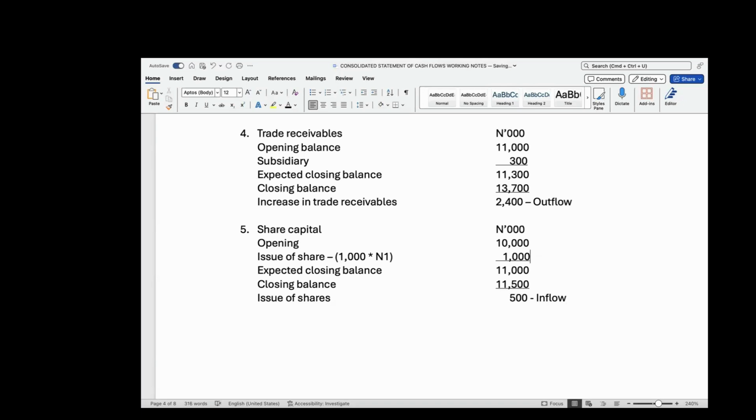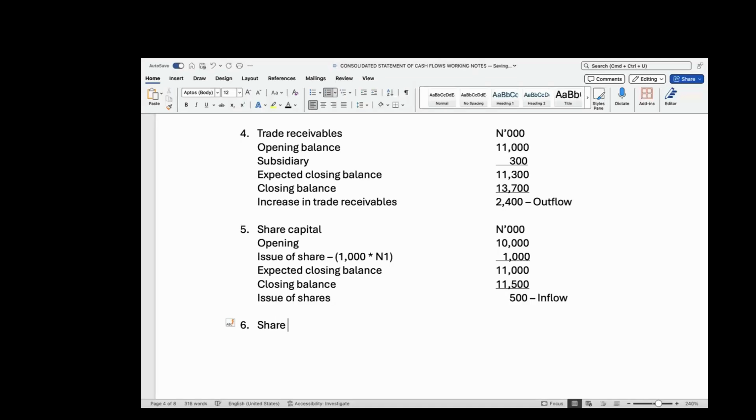So this 1 million, we did not actually receive money from the subsidiary. What we received from the subsidiary was assets. So we just issued shares to the subsidiary. So this balance here can only be an inflow, but we don't have the details of that, but at least we are seeing that movement there.